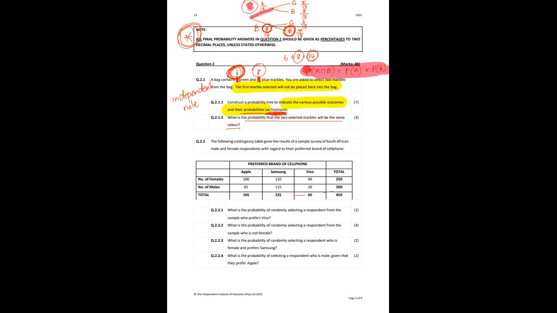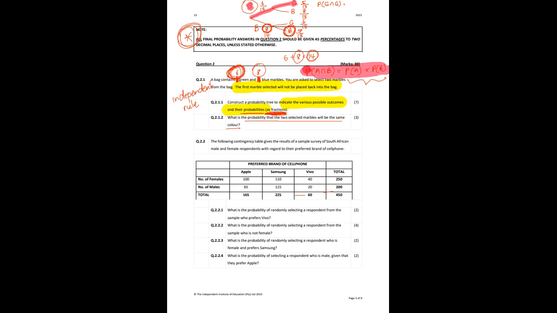So when we write that out, we will say the probability of green first and then green again. And that is calculated just like we saw here. If it's a probability of A and B, then it's calculated as a probability of A times the probability of B. So the same with this question.